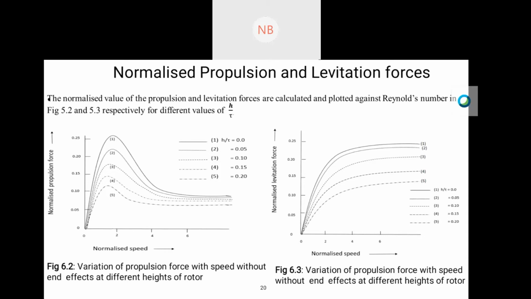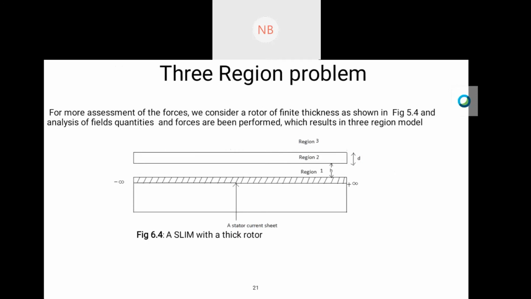This process is again calculated by using the 3-region model. Here, if we consider the thickness of the rotor to be d, then we get three regions: one region between the rotor surface and the stator surface, then one between the rotor, that is the thickness of the rotor, where we get region 2, and the region that is from this rotor surface till infinity.